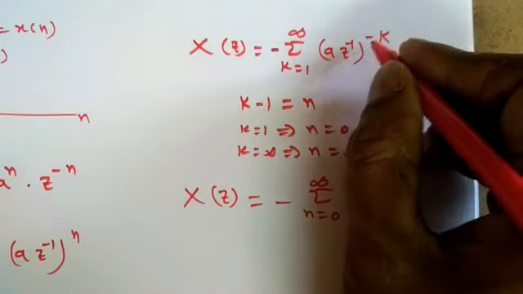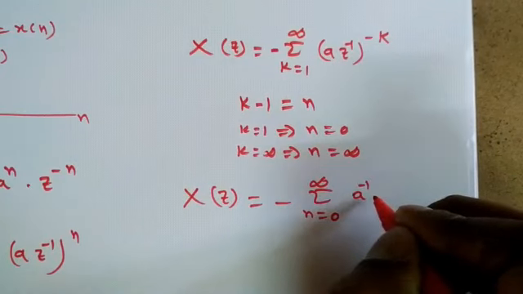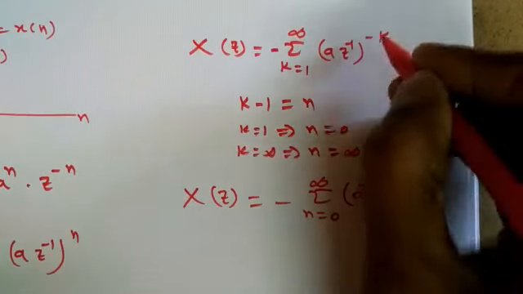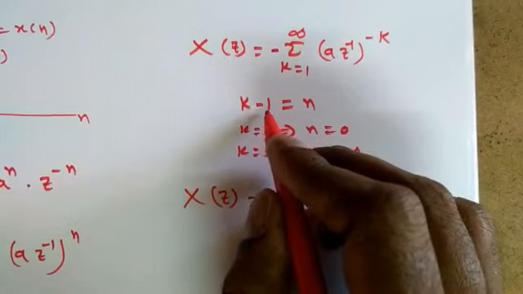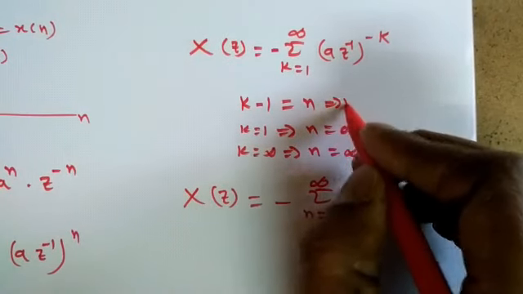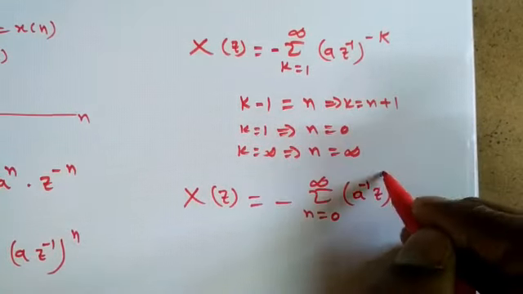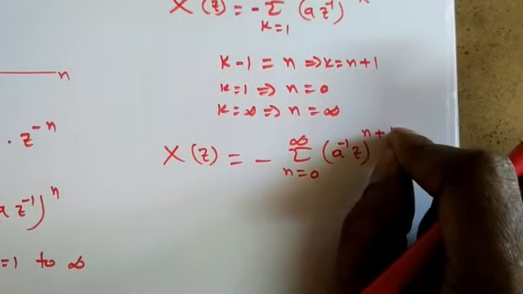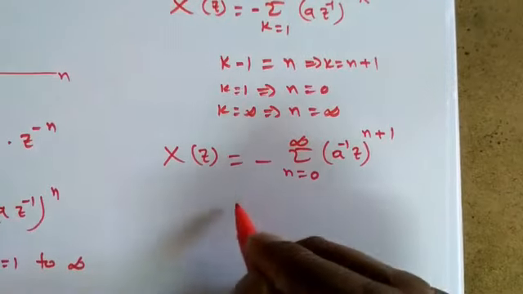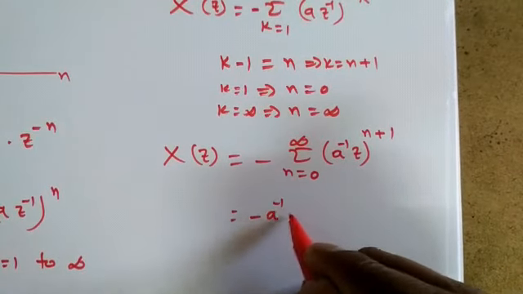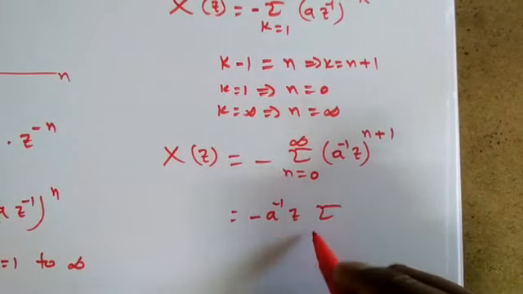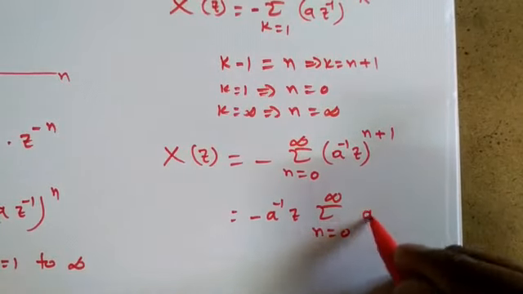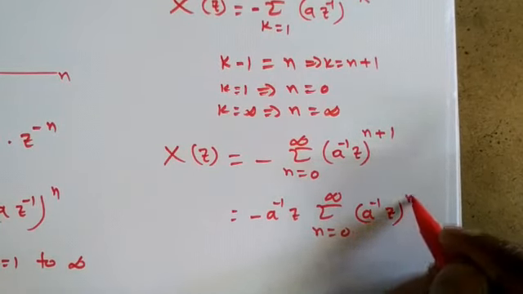If I send this minus inside, a inverse z power k, where k is now n plus 1, so it will become n plus 1. Now a inverse into z power 1 is a constant, so it will be outside. So minus of a inverse z will be out, sigma n equal to 0 to infinity a inverse z power n.